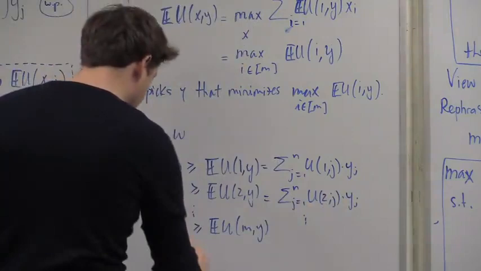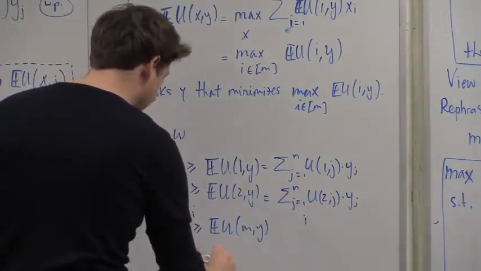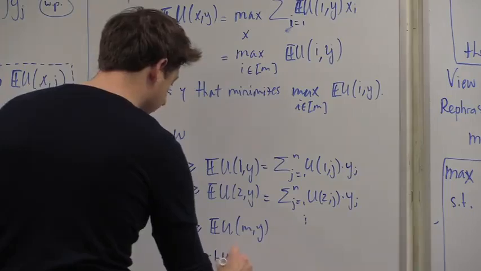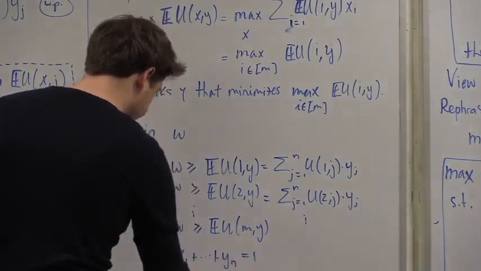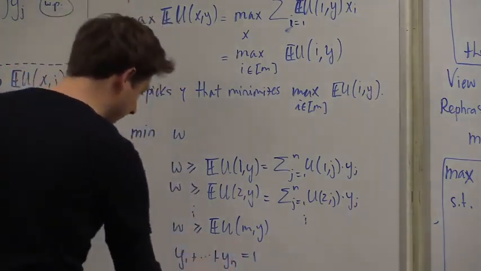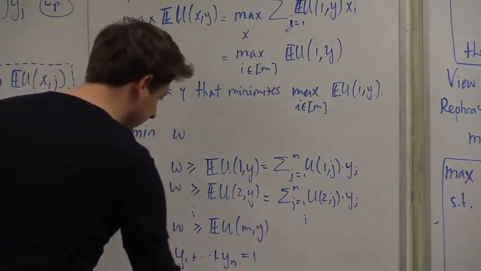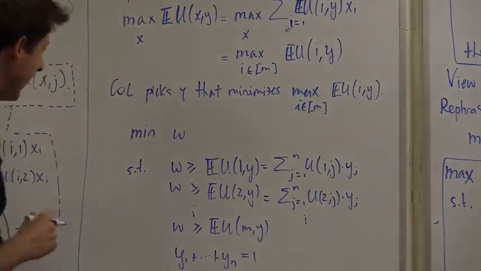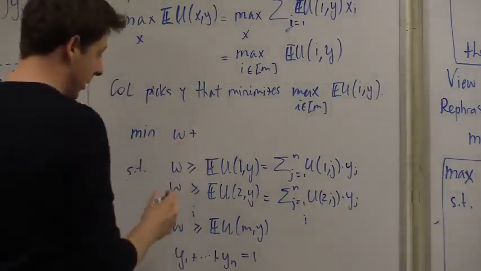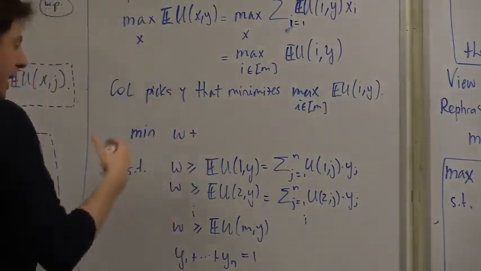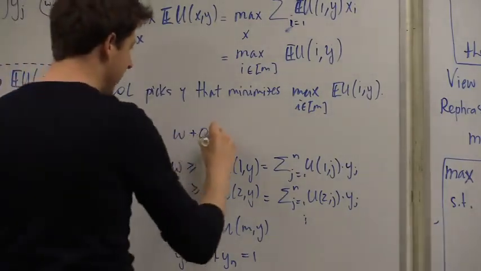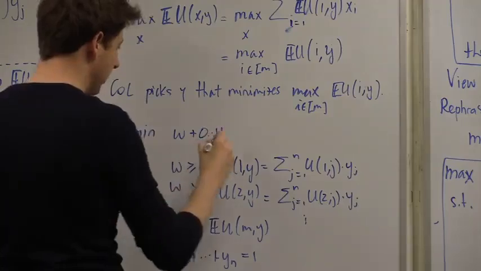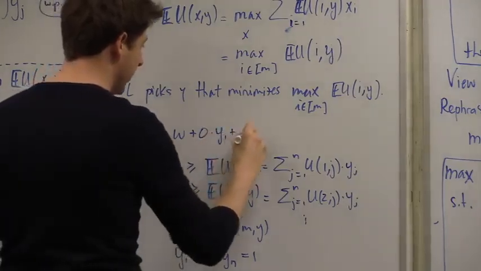And then we also need to ensure that the yj's are a distribution by saying that the sum is 1 and they're all non-negative. Okay? And like before, all the variables are w and the yj's, which implicitly participate with a coefficient of 0 in the objective function.